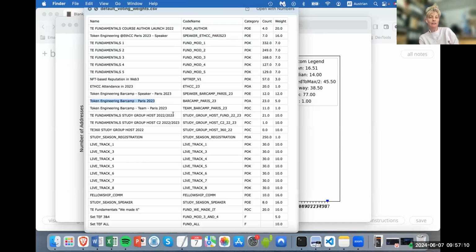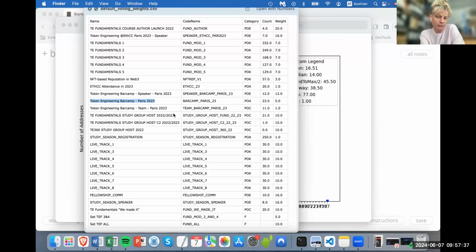They didn't only learn themselves, they explained the content to others, structured the sessions, and made sure that a minimum of 3 of their participants acquired the TE fundamentals NFT, and that's why they receive 10.